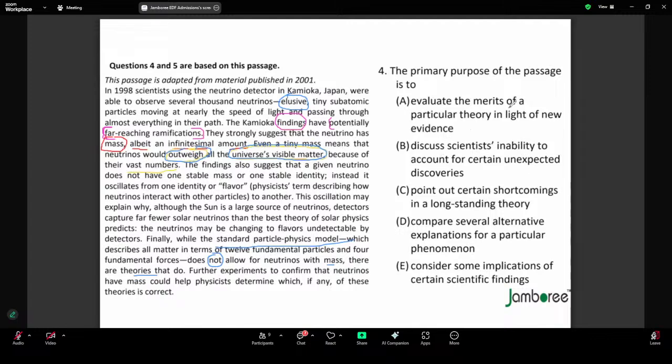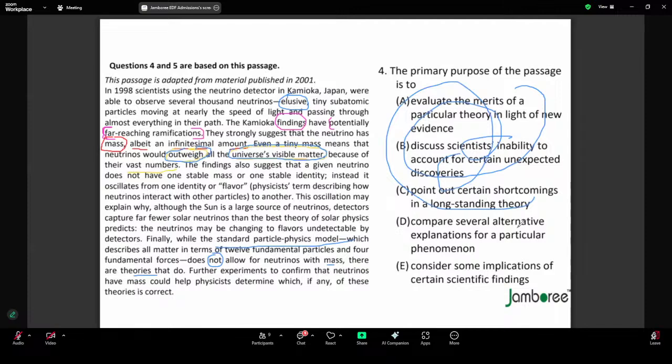what could be the primary purpose? Merits of a theory in the light of new evidence? The new evidence, which theory? Discuss scientists' inability to account for certain expected theories. A bit weird, these two. Point out certain shortcomings.